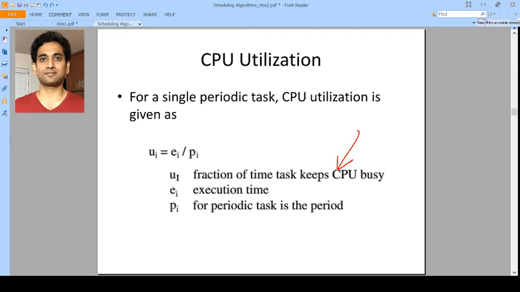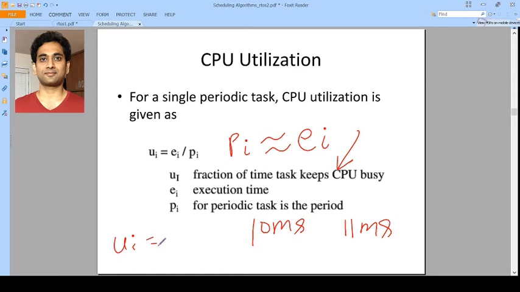In other words, if the period is almost comparable to the execution time, say a task takes 10 milliseconds to complete and repeats every 11 milliseconds, we can predict that the CPU is going to be busy 10 out of 11 times.